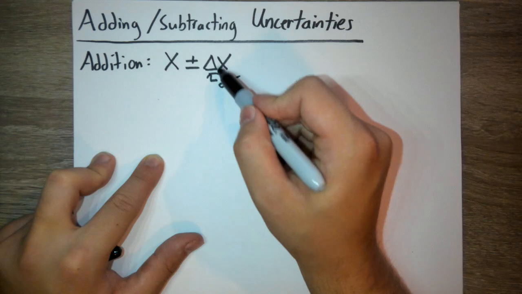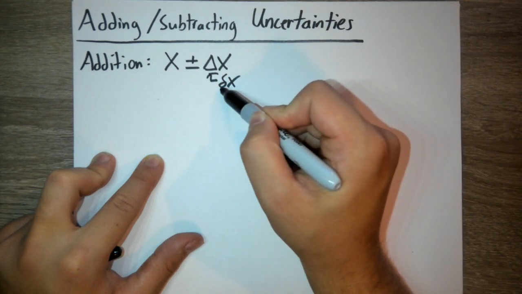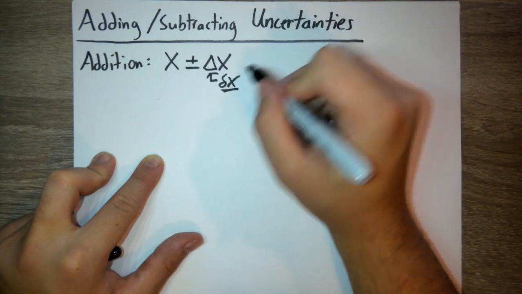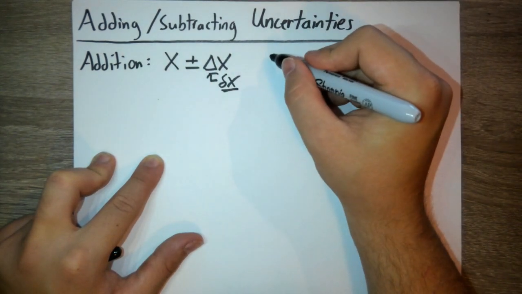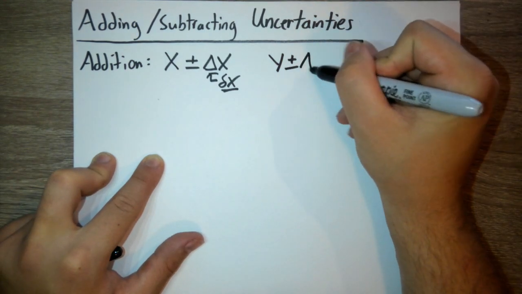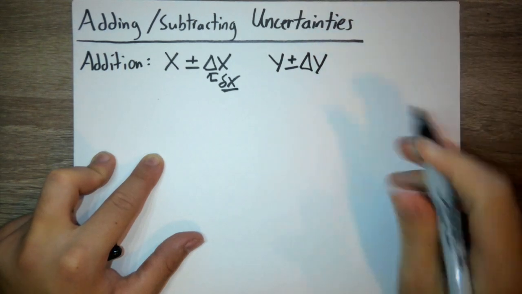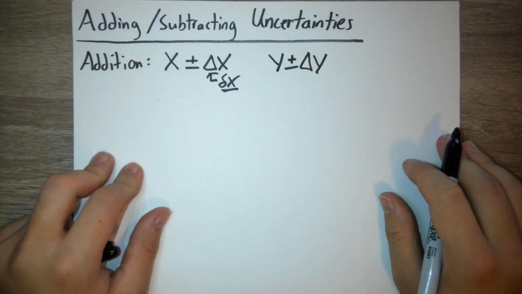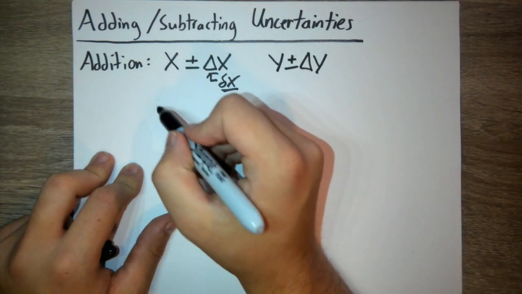That's just saying that this delta x is the uncertainty of the x quantity. So we have one quantity with an uncertainty, and then let's say there's another quantity y with the uncertainty of delta y. So how do we add these together, and how do the uncertainties add together?